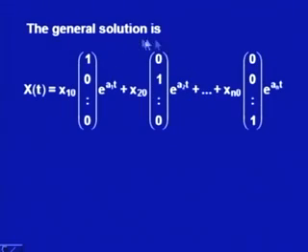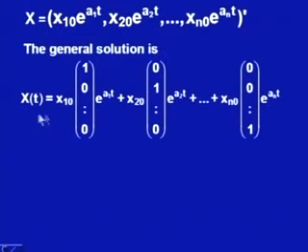And with this, the general solution is written in this form, where I have written the first term as x10, the column vector (1, 0, ..., 0), times e^(a1 t), and the second as x20, a column vector, multiplied by e^(a2 t), and so on.